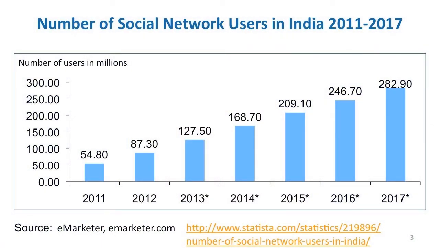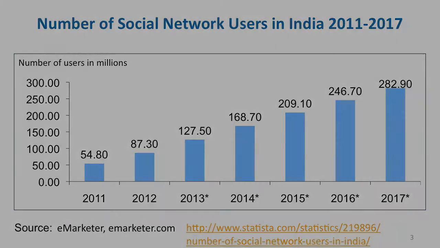Let's have a look at the number of internet users who use a social network site via any device at least once per month. Let's have a look at India and Canada, just for the comparison's sake. Approximately 7% of the population of India used social network sites in 2012, and it is forecasted that the number of social network users will more than triple by 2017 to over 282 million users.